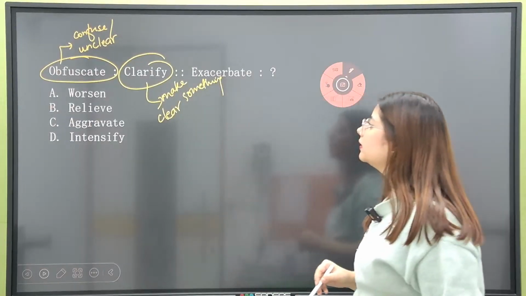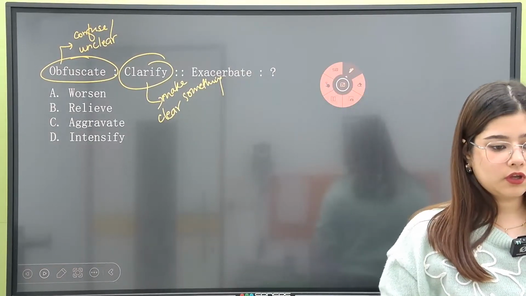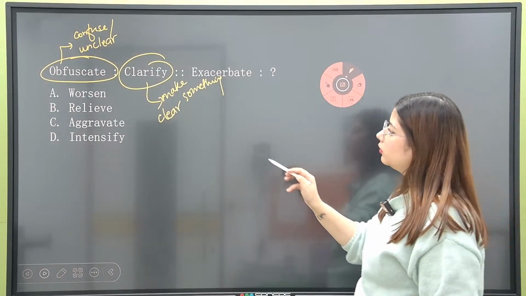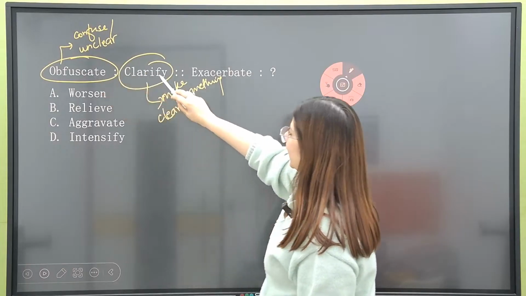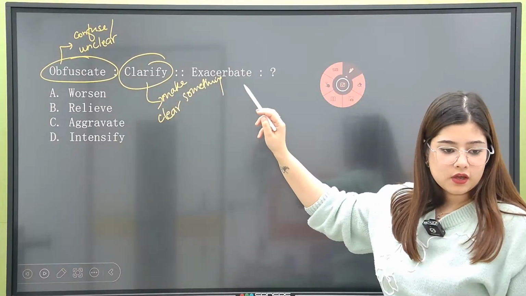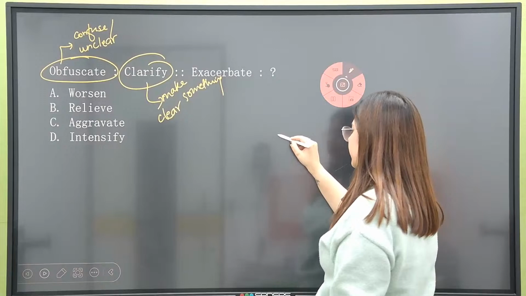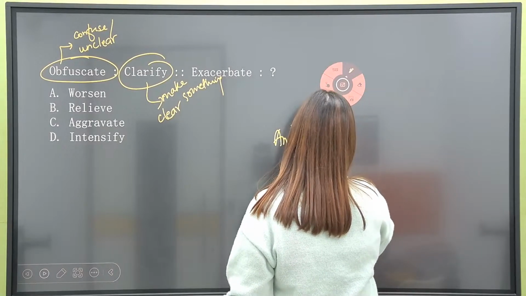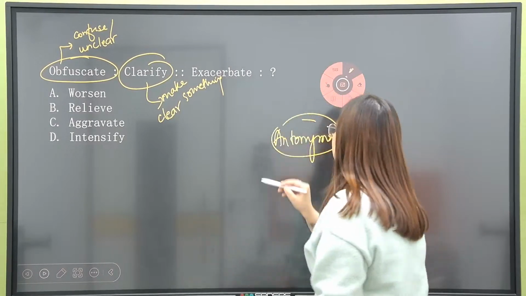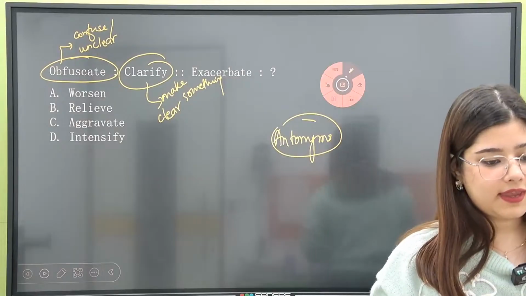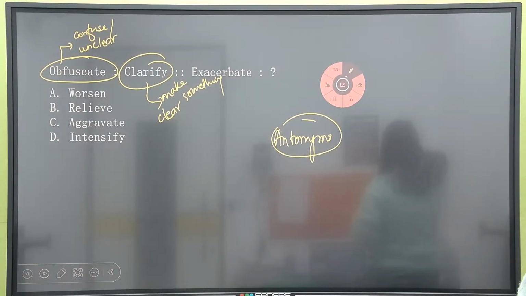So, to confuse and to clarify. The relationship is they are antonyms. We need to establish the relationship first. We have established the relationship: they are antonyms.